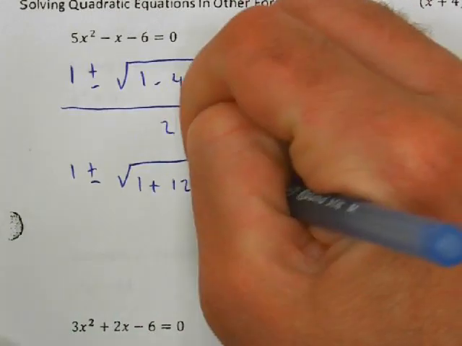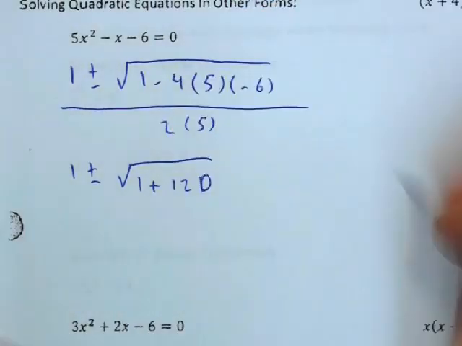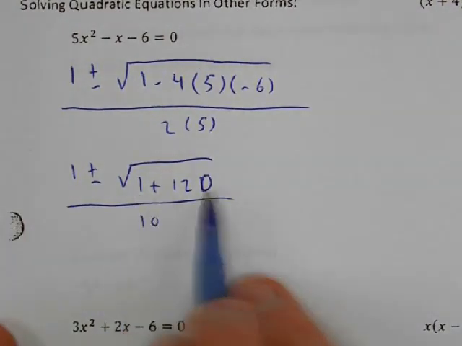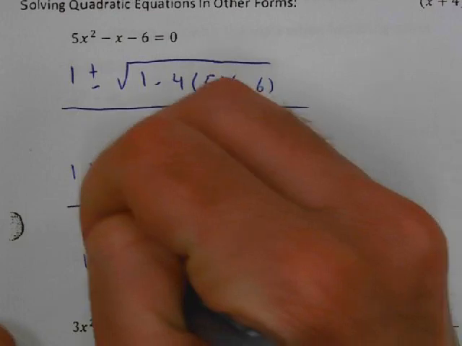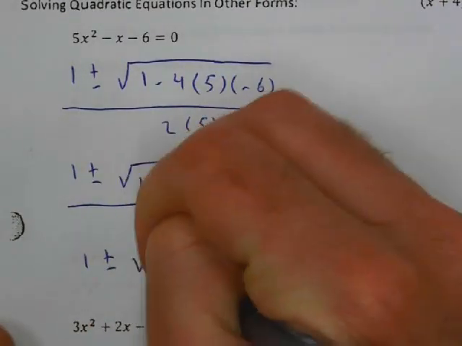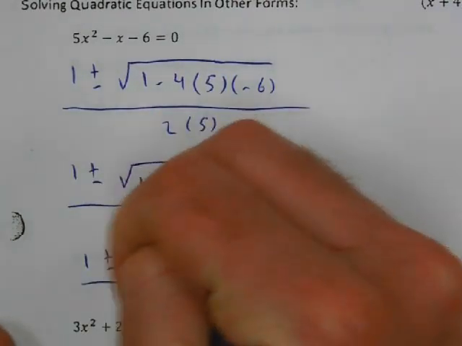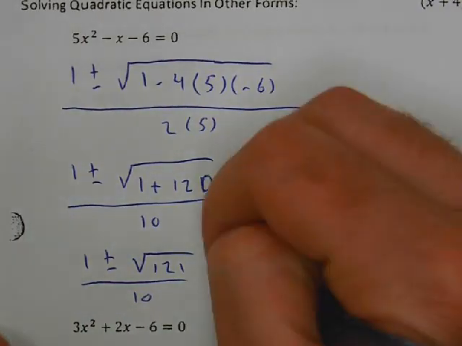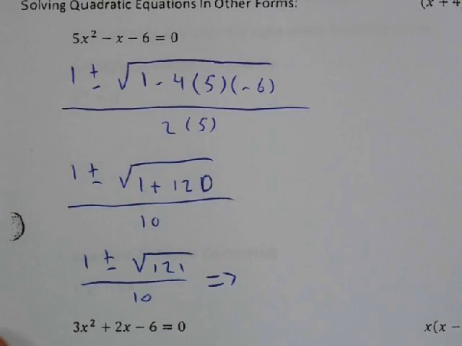Sorry, I'm thinking of the total already. 120, we didn't add it yet. Over 10, okay? And then 1 plus 120, we get 121, so 1 plus or minus root 121 over 10. And then fortunately, that is a perfect square. So we're going to work to the right because we got a little bit of space there.